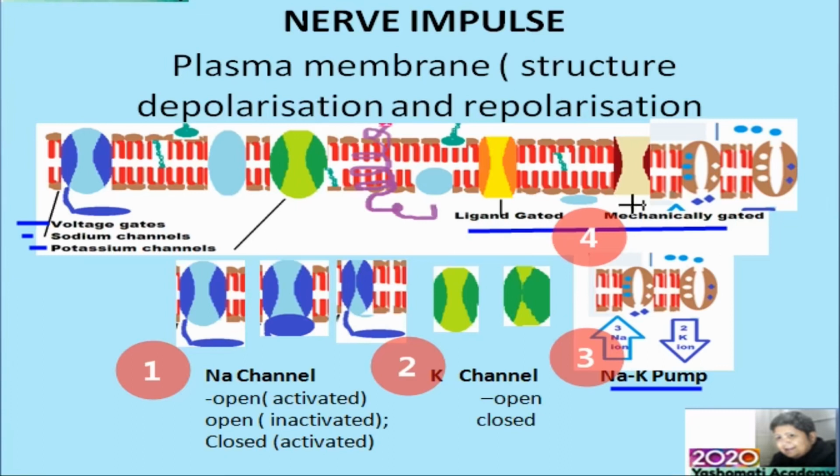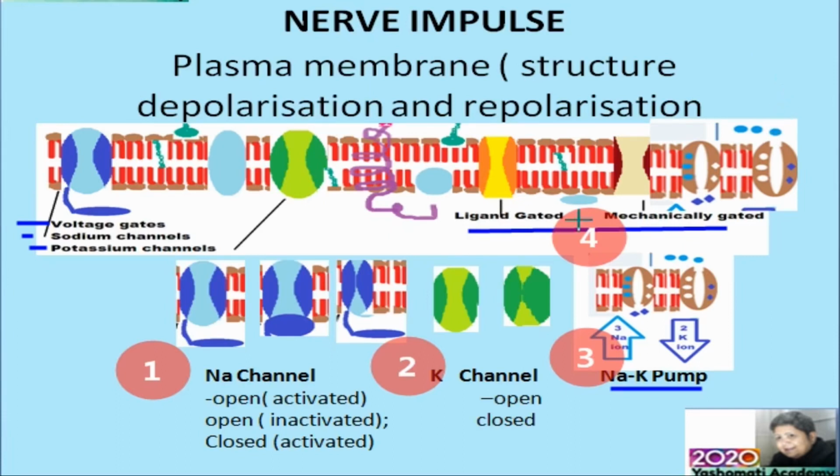We know that when there is a certain change in the external or internal environment, then these gates are stimulated, and because of that ions move toward the inside of the cell or leave the cell. Because of that, the potential difference across the membrane changes. At the resting stage, the potential difference across the membrane is minus 70 millivolt. That is the resting potential.